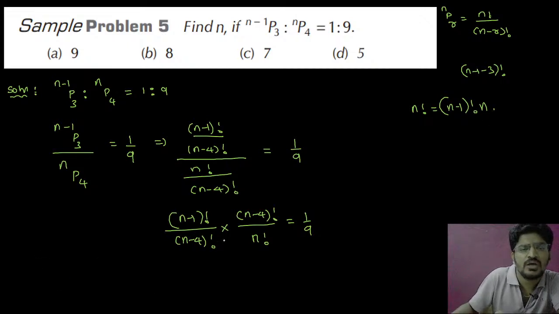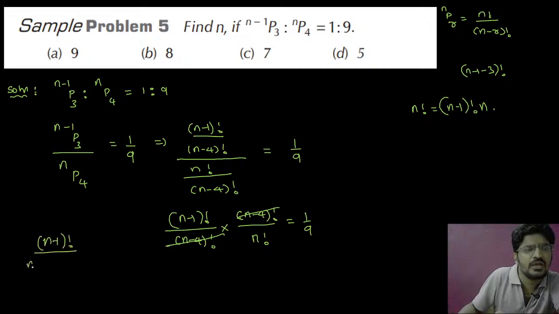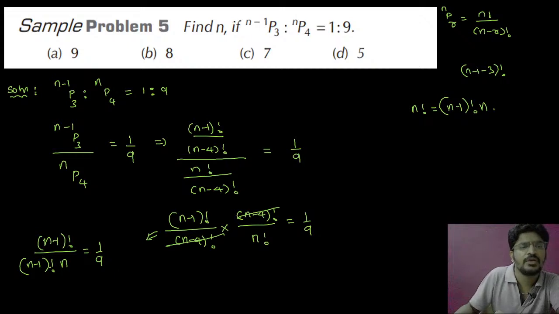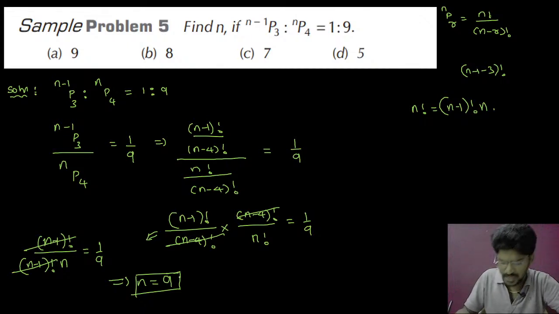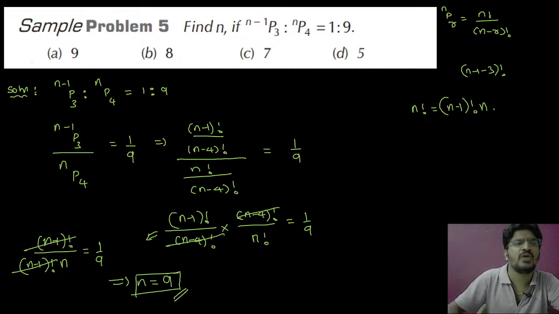So cancel n minus 4 factorial, and this is n minus 1 factorial divided by n minus 1 factorial into n equal to 1/9. So n minus 1 factorial will get cancelled. Therefore n will be equal to 9. So very simple problem, and we have option A as the correct answer.